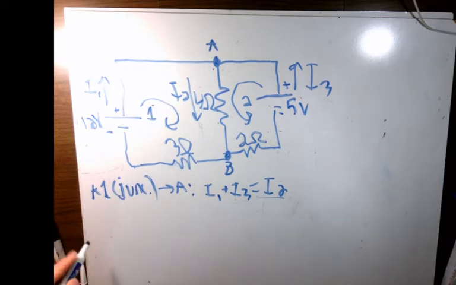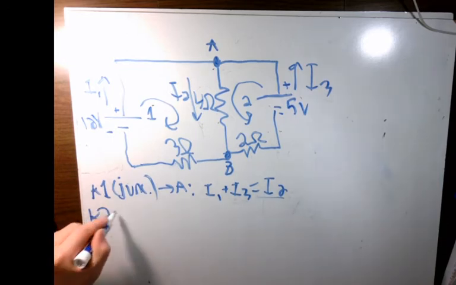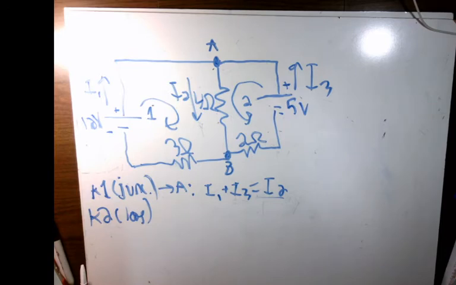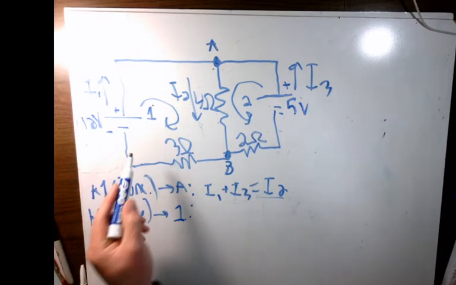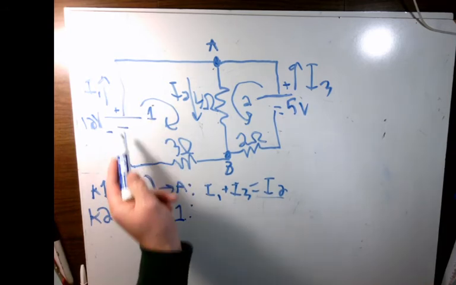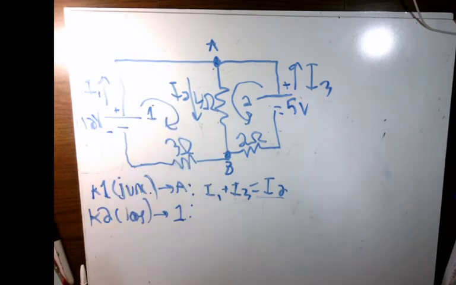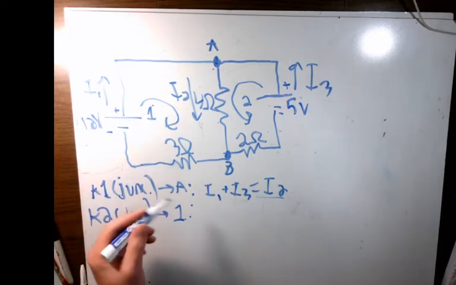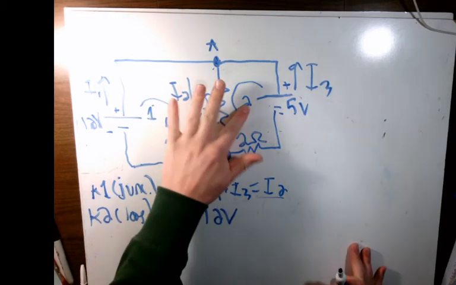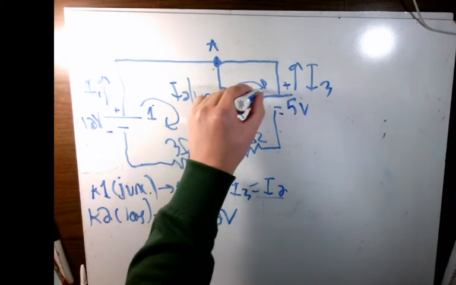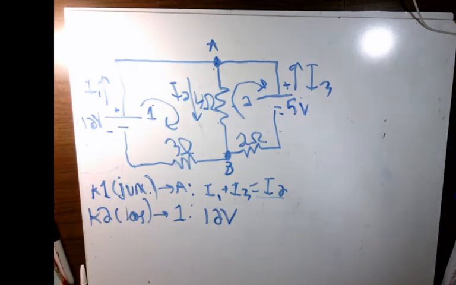Second, we have our loops and the voltage across those loops. In loop 1, we have our cell in the same direction as our conventional current and this first loop going clockwise, so that's going to be a positive 12 volts. For the other one, I'm going to do it the opposite way so that we can get an idea of what that would look like.